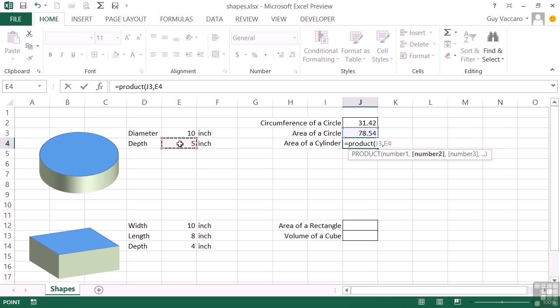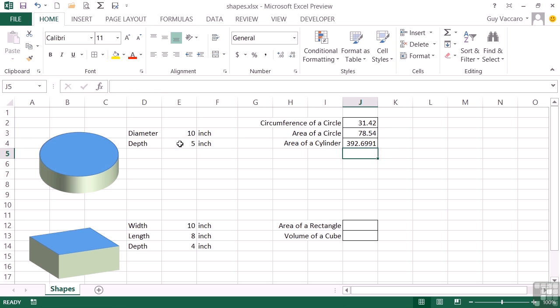So the PRODUCT function just multiplies all the components that are passed into it. Close brackets, we've only multiplied the 2 values, and we get exactly the same result, because effectively we're doing exactly the same thing. And again, format 2 decimal places.